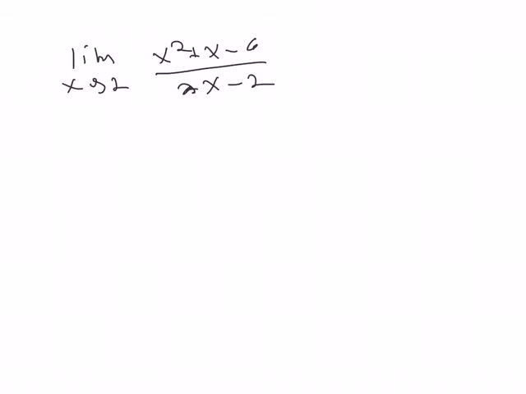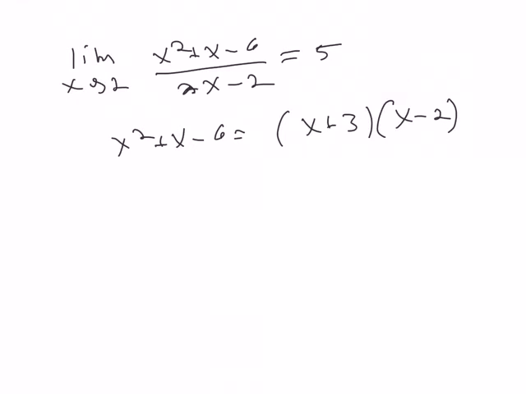We know that the answer is 5. One way to do this is to say x squared plus x minus 6 is equal to x plus 3 times x minus 2.